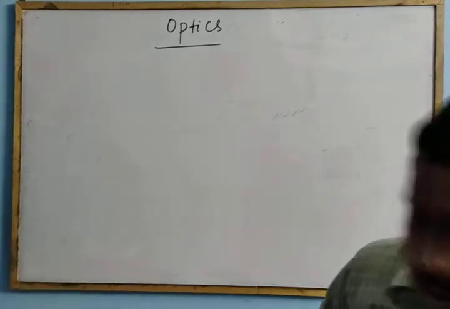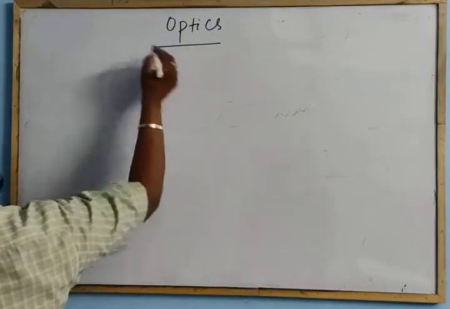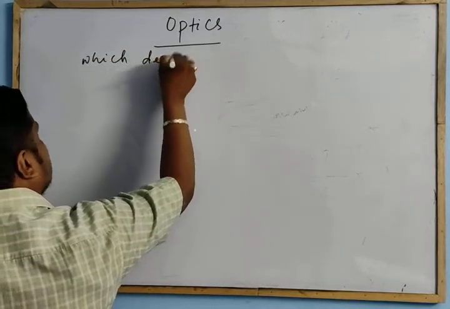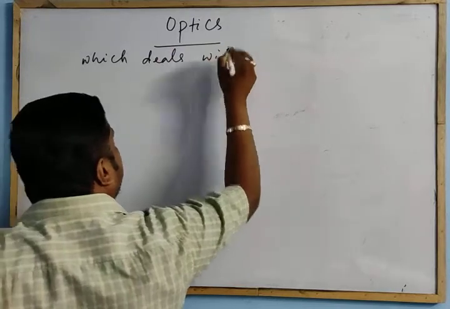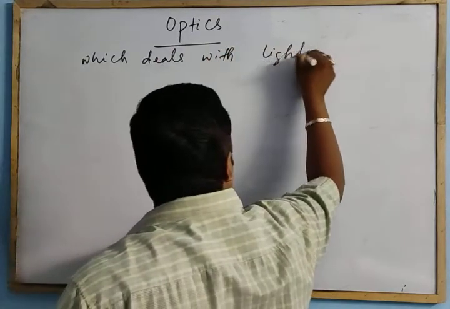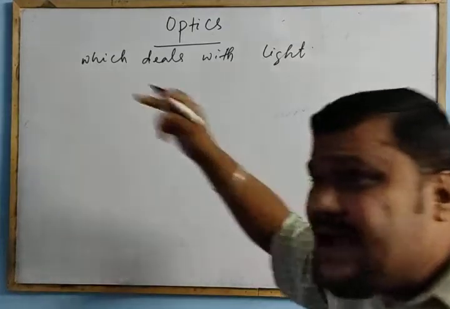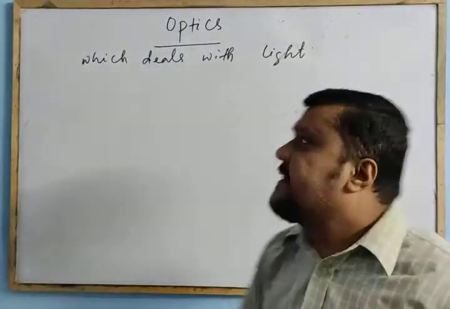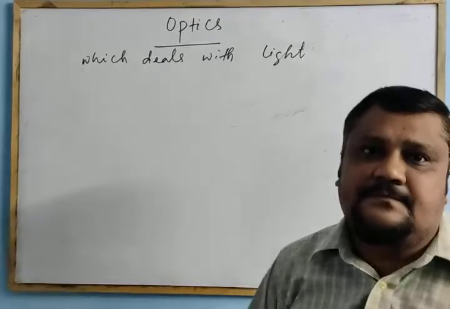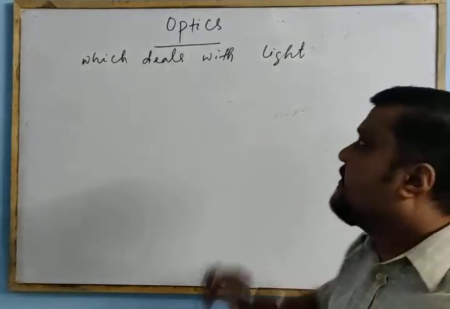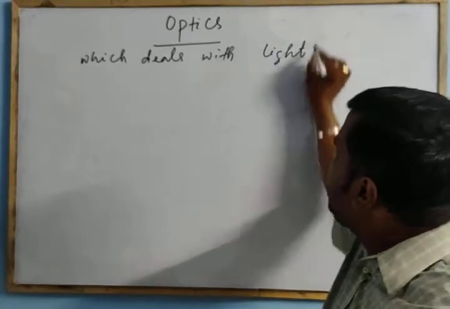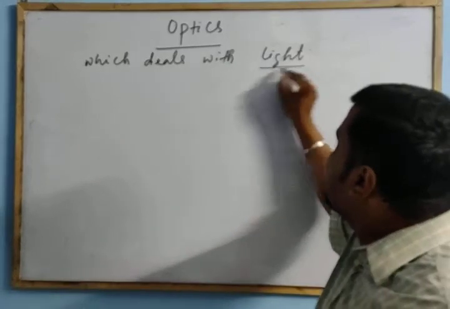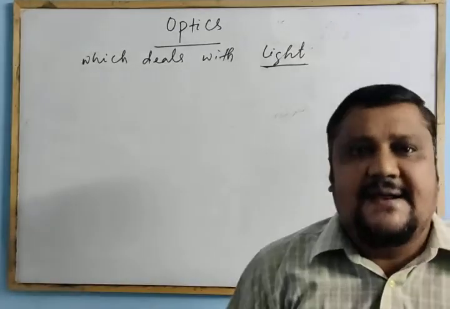Optics is the branch of physics which deals with light, the nature and propagation of light. That is your optics. Clear? Which is the branch of physics? Optics, and it deals with light.